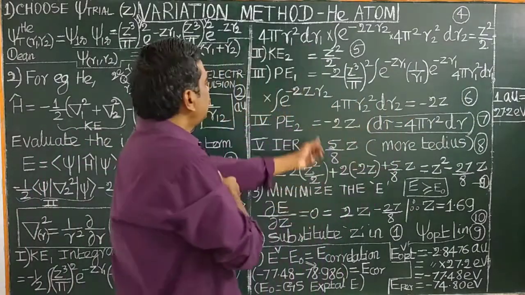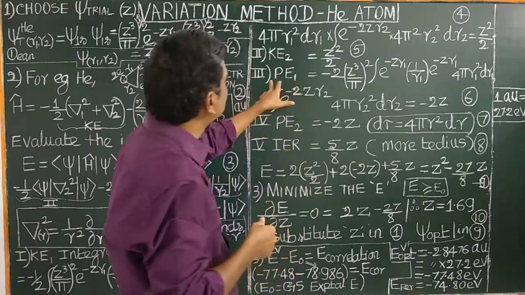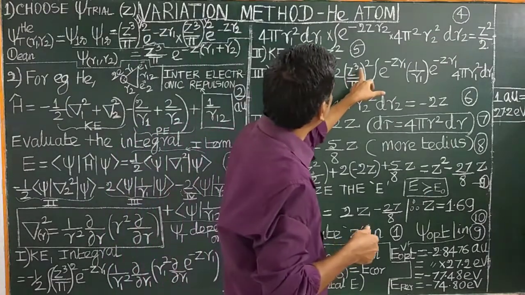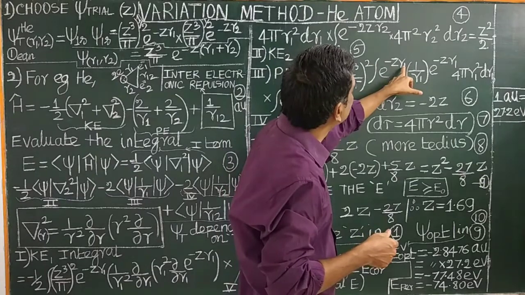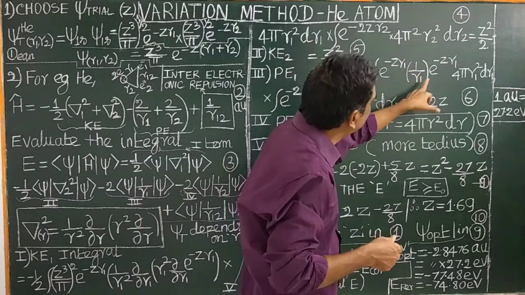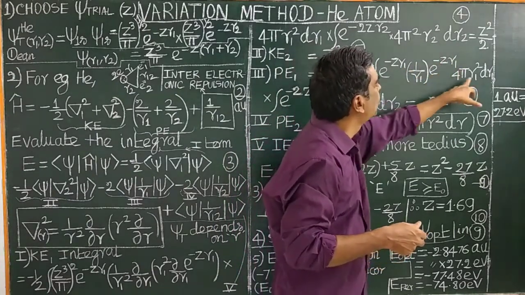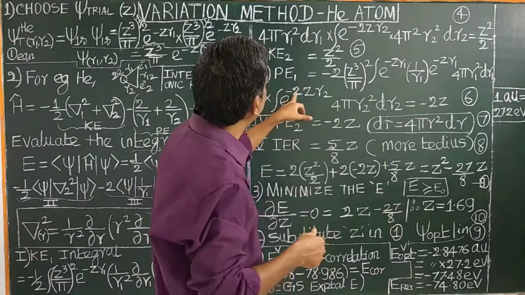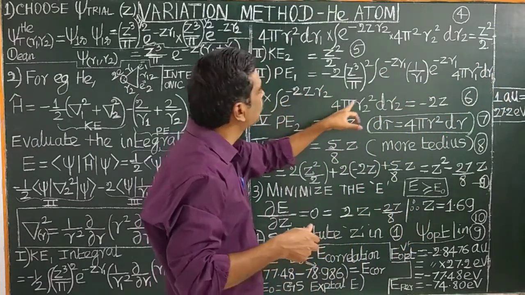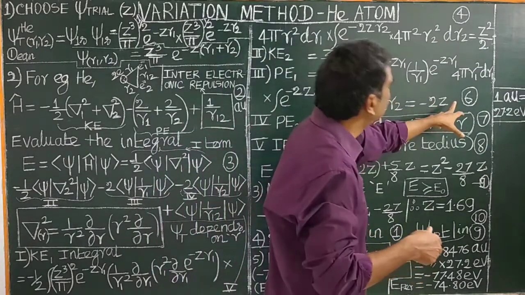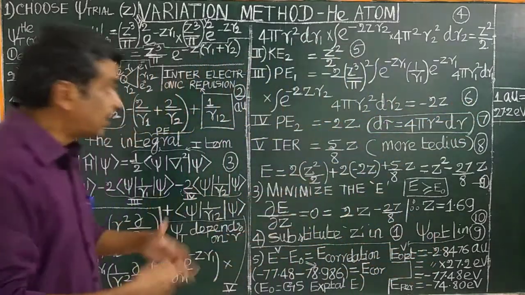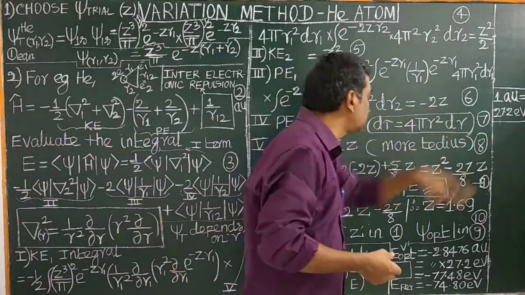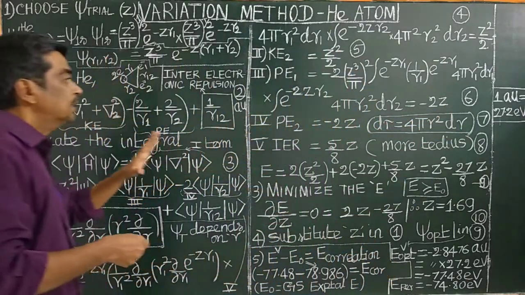Similarly for the fourth term, the potential energy for electron 2, minus 2 e power minus Z r2, 1 by r2, e power minus Z r2, 4 pi r2 square dr2, and into integral e power minus 2Z r1, 4 pi r1 square dr1. Again on evaluating the fourth term, the value minus 2Z is obtained.